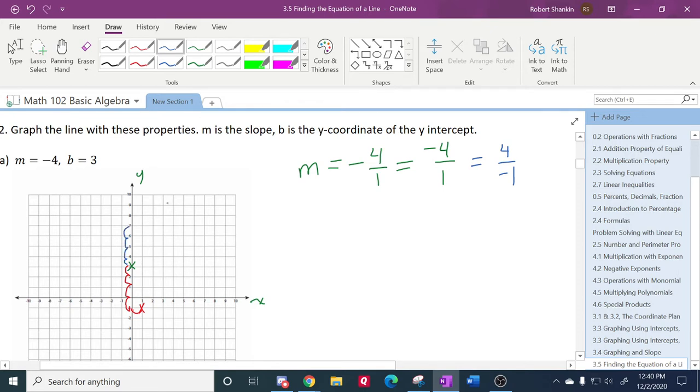And my run would have been negative 1, sending me back to here. Now notice, I get the same line in the end whether I connect the bottom 2 points or the top 2 points. The line goes through all of these.